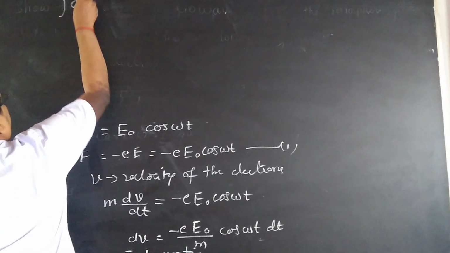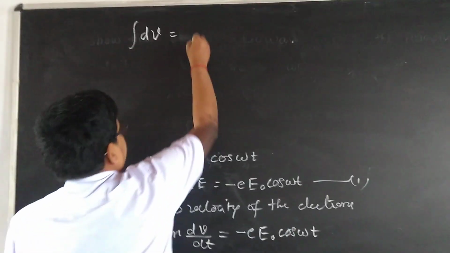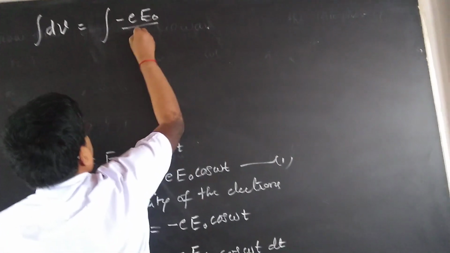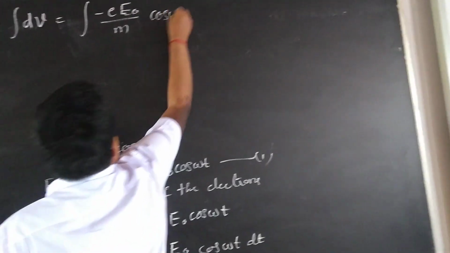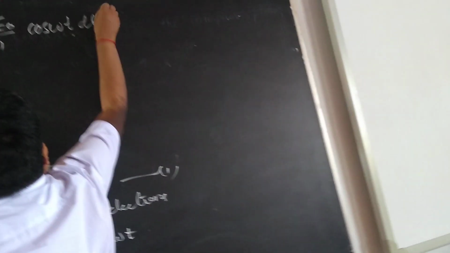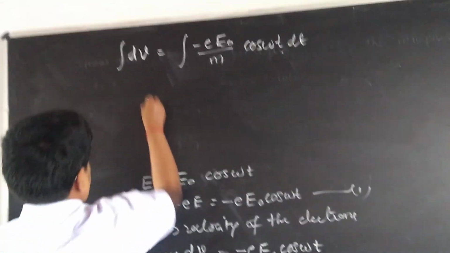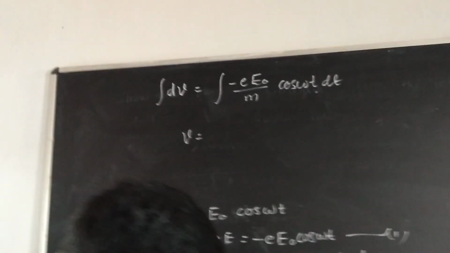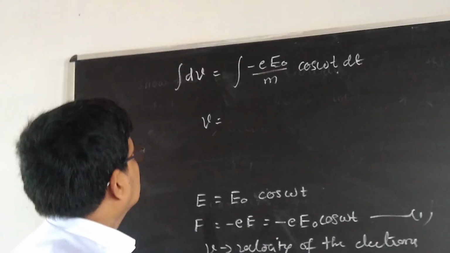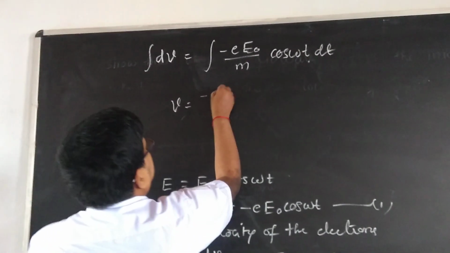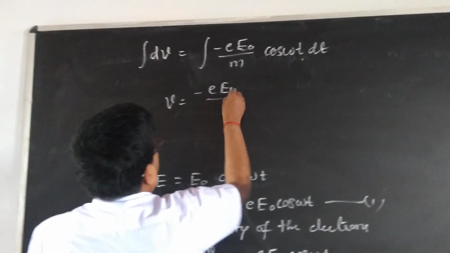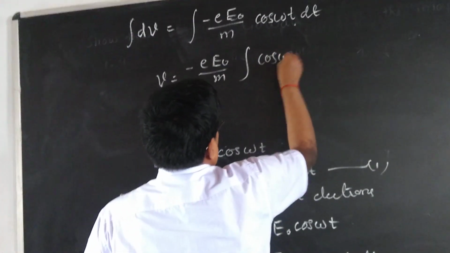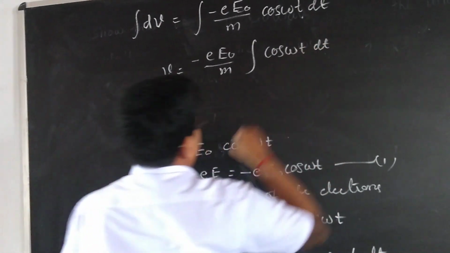So integration of dV is equal to integration of minus E naught divided by m into cos omega t dt, or integration of dV is V itself. So V is equal to minus E naught divided by m, taken outside, integration of cos omega t dt.